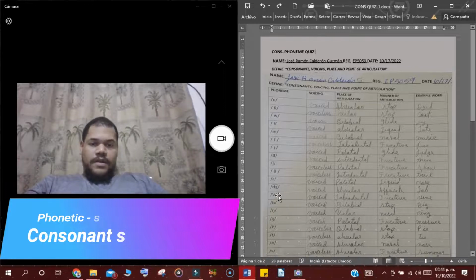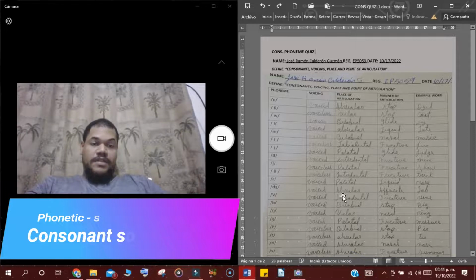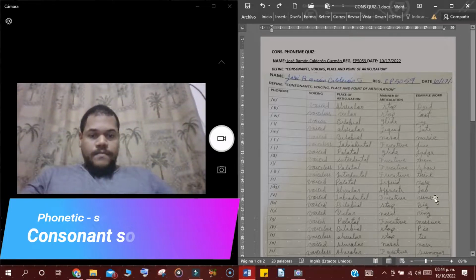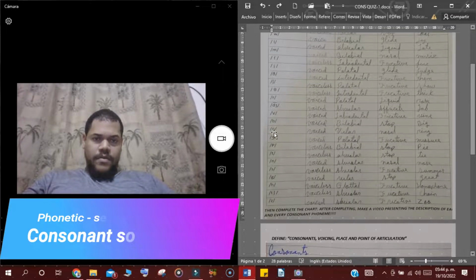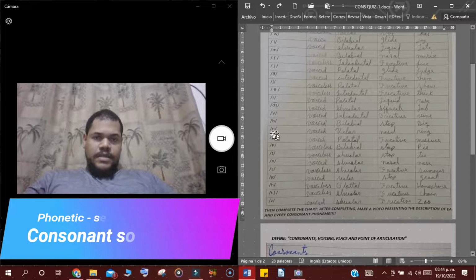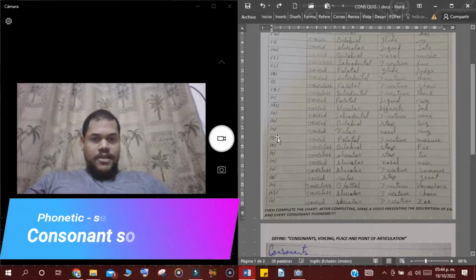Let's go with the phoneme that is represented by the letter V, that is voiced, and it is labiodental. V. That one is fricative, and the word that we have here to show the example is vine. So let's go with the next one. It's kind of an n with a little tail at the end.